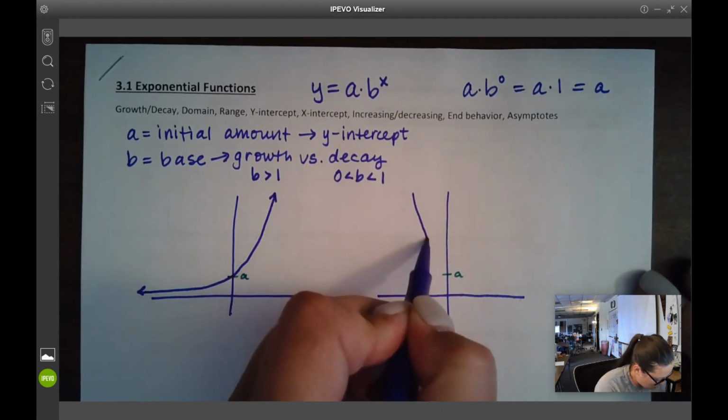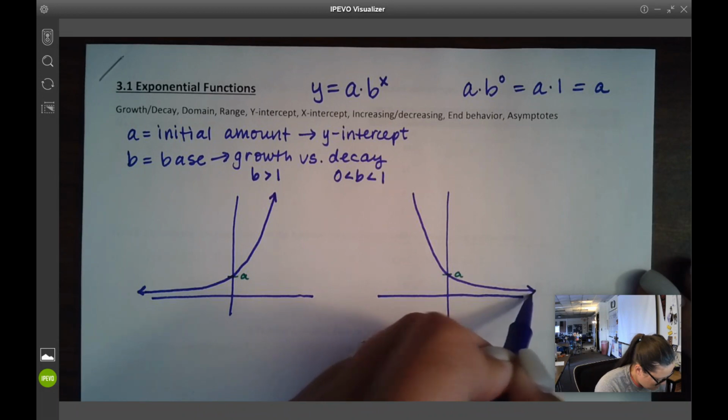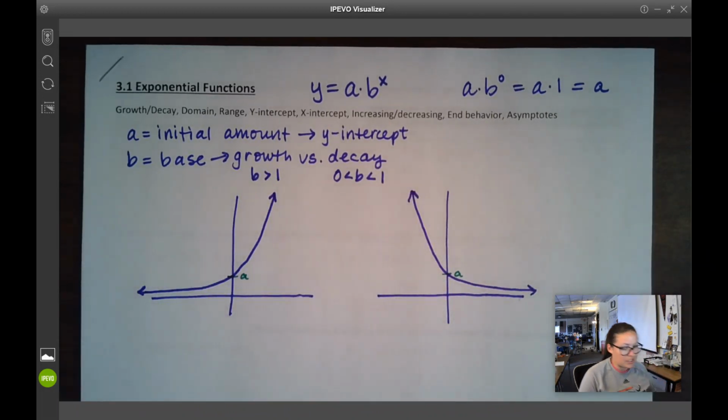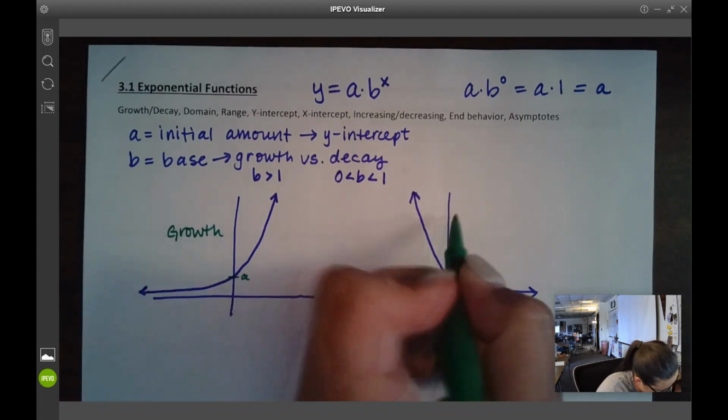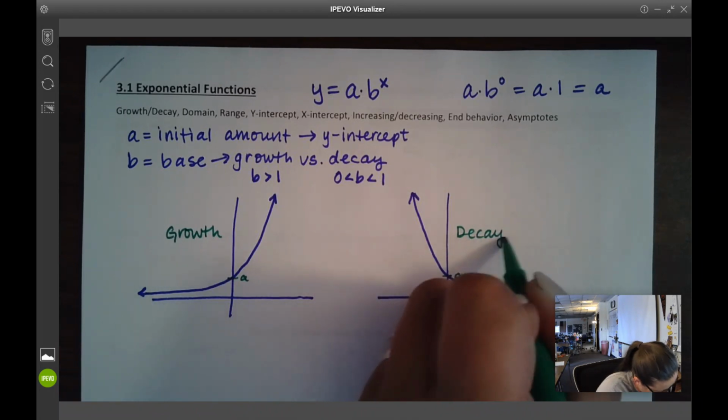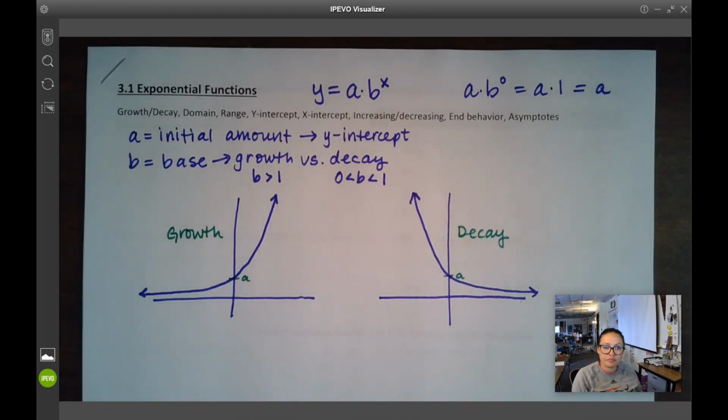If I have exponential decay, the graph is going to look like this. Okay, so this is growth. This is decay. Now, you may or may not have seen a graph like this before. Hopefully, you've at least seen something that looks something like this.